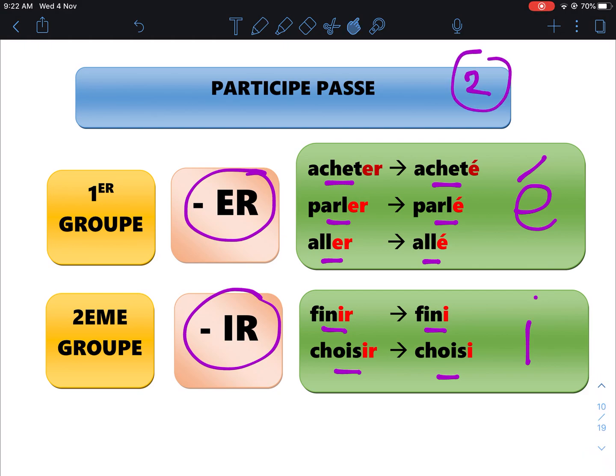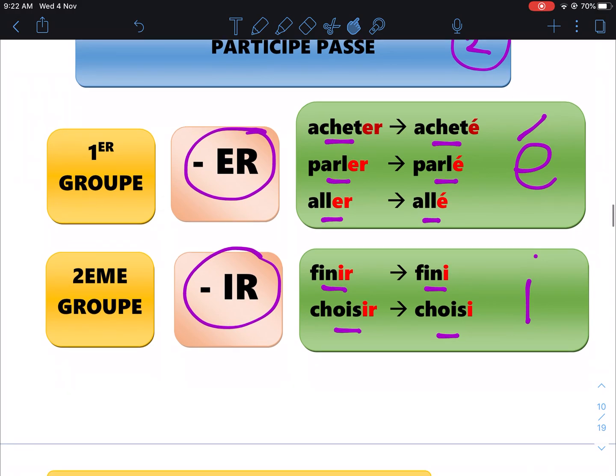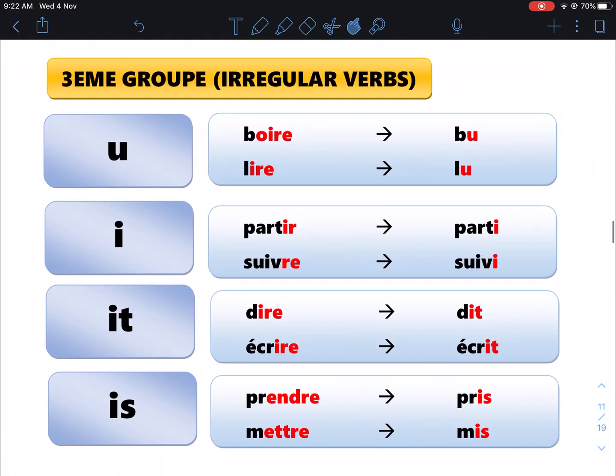Now, let's look at the third group, which normally consists of irregular verbs. For this group, you have a few variations of past participle that you need to know. Some of the verbs will transform just like you see here in this chart. Nevertheless, no worries.